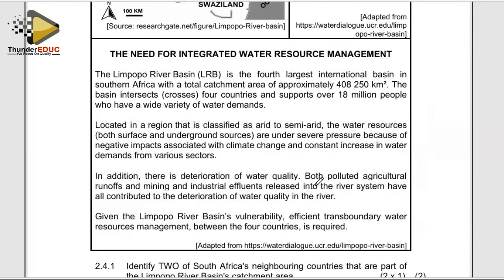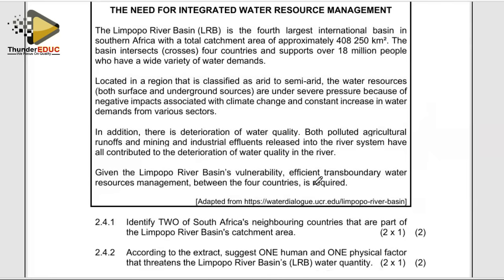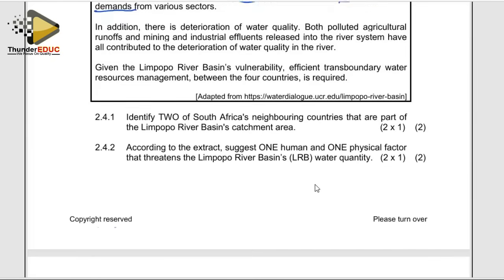If we come here, we tend to find that it says, paragraph number 2, located in a region that is classified as arid to semi-arid, the water resource, both surface and underground sources, are under severe pressure because of negative impacts associated with climate change and constant increase in water demands from various sectors. So this one is a natural factor. This one is a human factor.